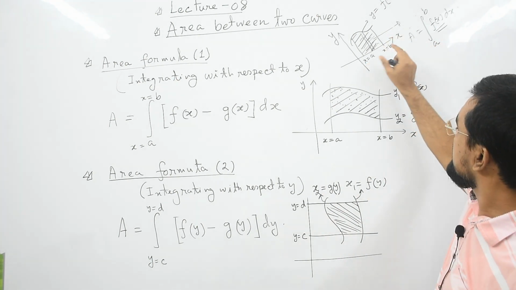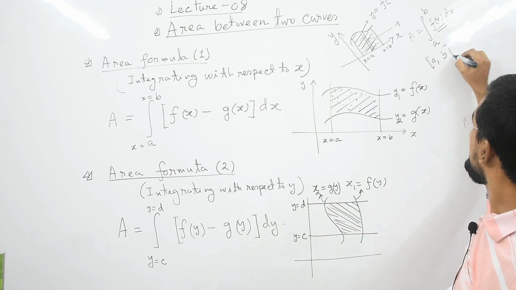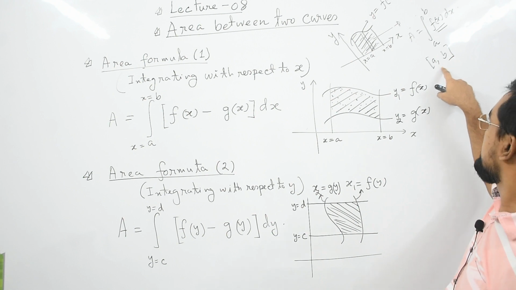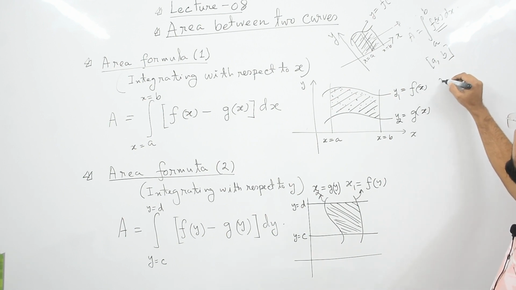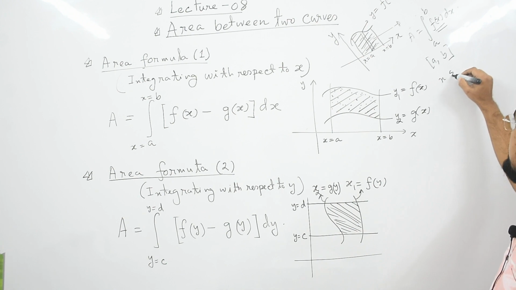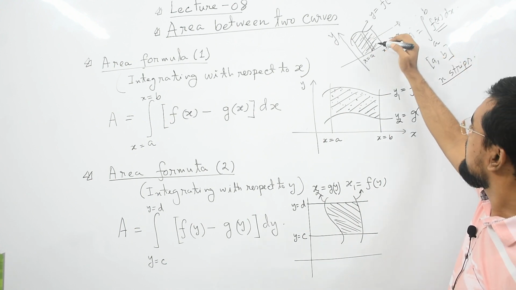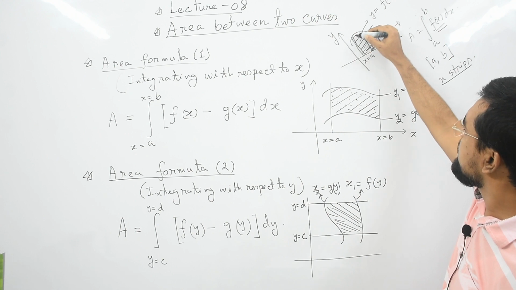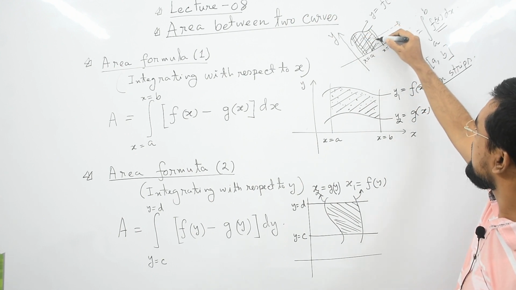This interval here, your interval is from a to b. So if you divide this interval into n small strips, then you will get lots of small strips here, like 1, 2 and so on up to n.